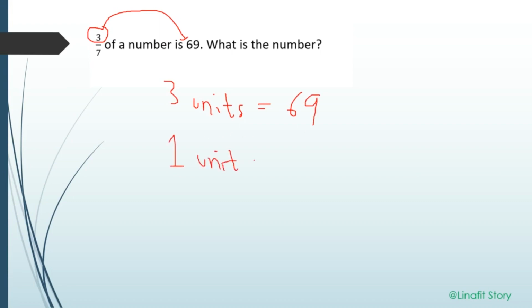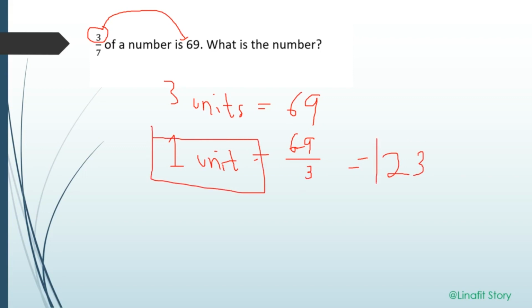So 1 unit equals 69 divided by 3. 69 divided by 3 equals 23. So if 1 unit equals 23, how about the total? 7 units.